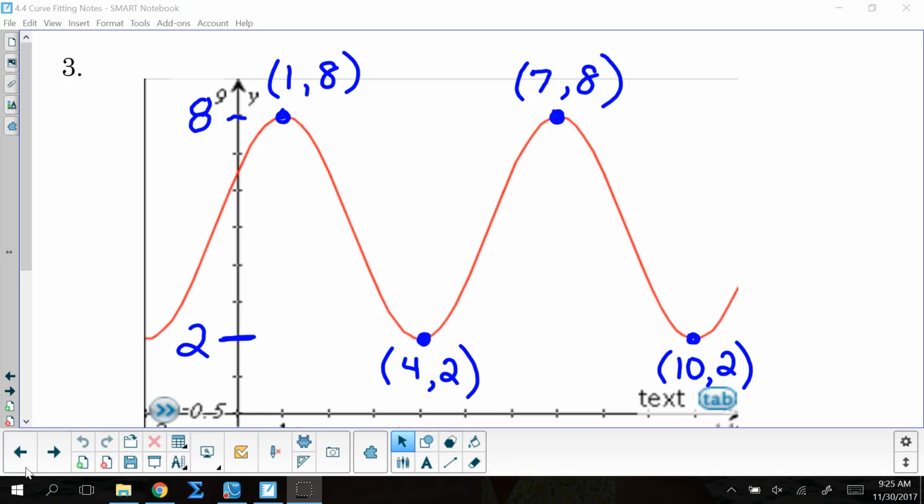Really this one's labeled number 1 on your graph, but I changed it to number 3 on mine. What do I need in order to make the equation of this graph? One thing that I need is the period, okay? How am I going to find the period?